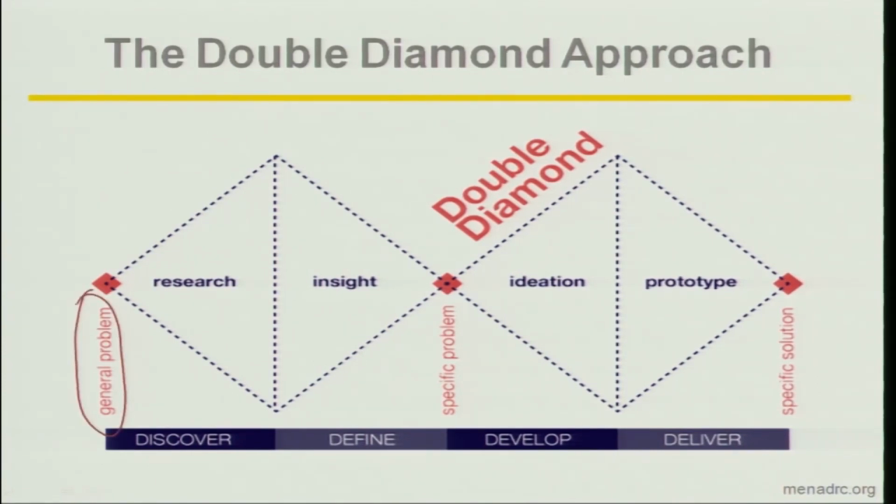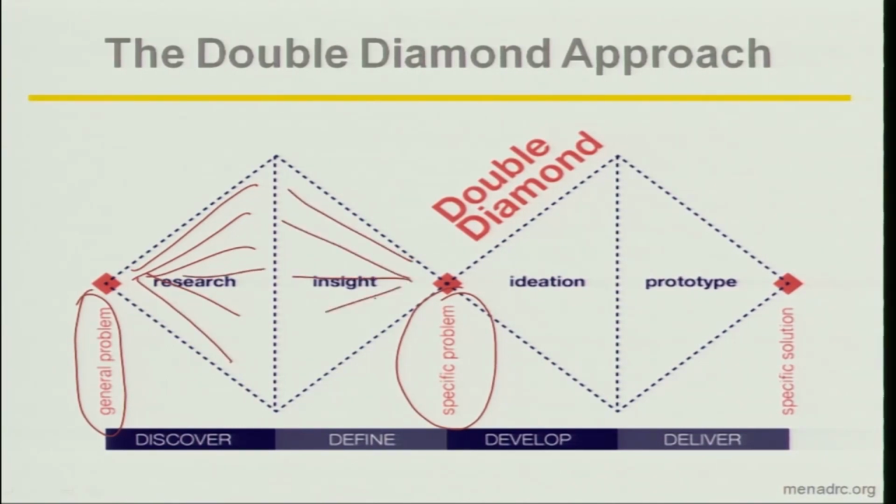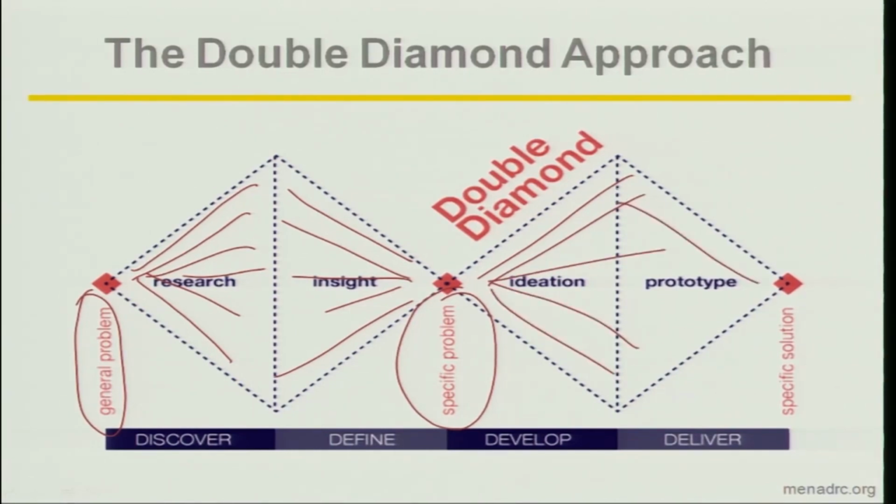So we start out with a general problem and then arrive at a more specific problem through the divergence in research and then the convergence in the insights. And then in ideation we again diverge, and then again we converge when we create our prototype, and thus we arrive at a specific solution, right? A general problem, a specific problem, and a specific solution through the discover, define, develop and deliver phases of the design process.